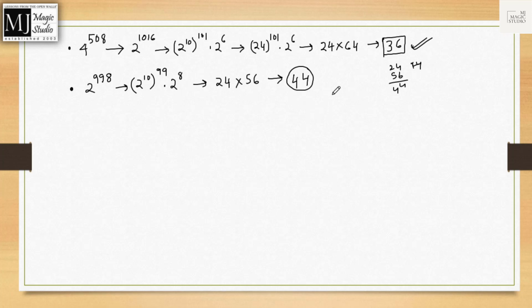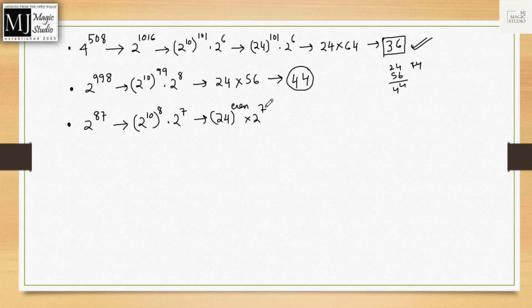Can do it simply. Let's try one more. 2 to the power 87. Let's do it. 2 to the power 10 raised to the power 8 into 2 to the power 7. Now 2 to the power 10 is 24 raised to the power even.